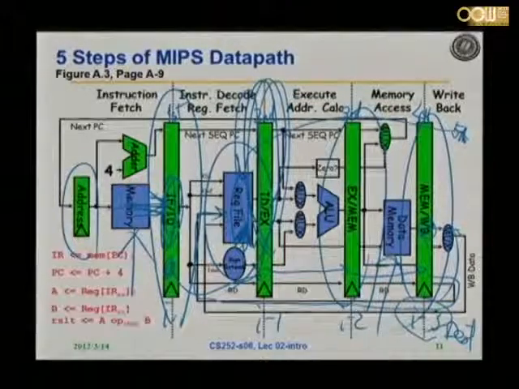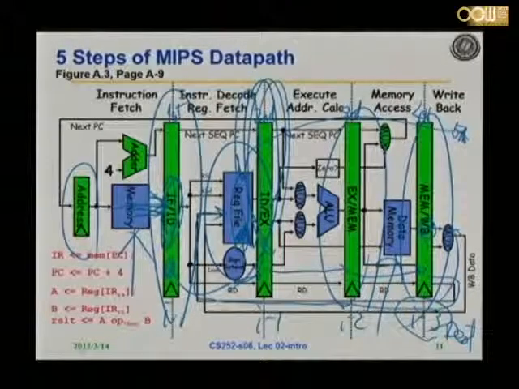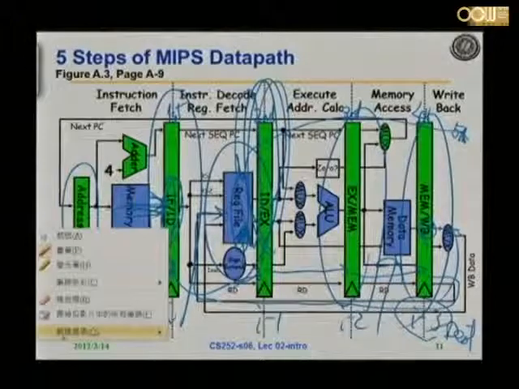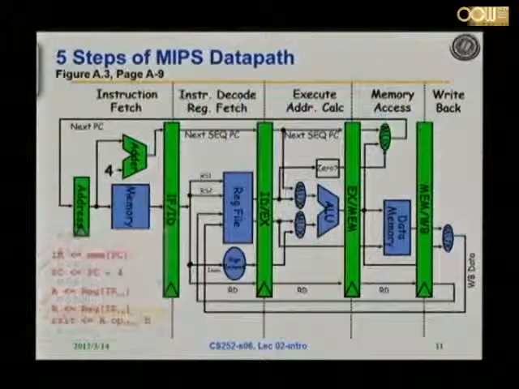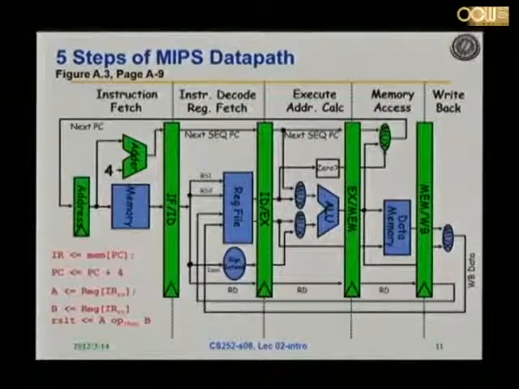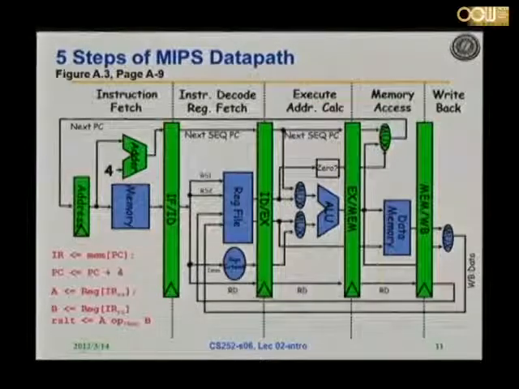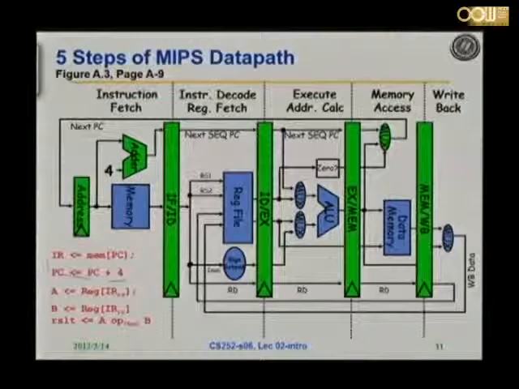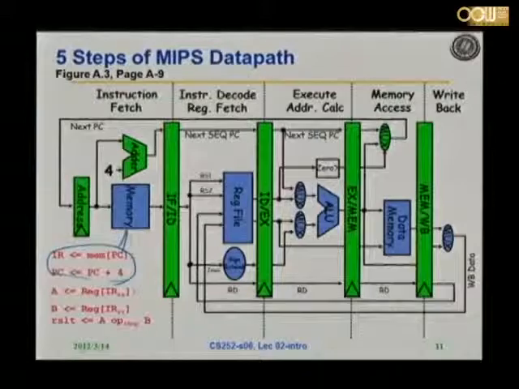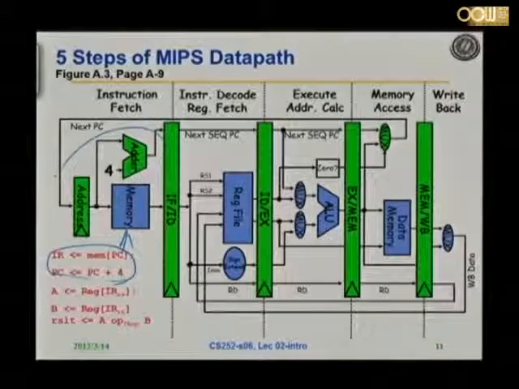I want the next page. This page is different. Let's see what happens. Let me erase it all. This and this occur in this stage. This is the fetch stage.